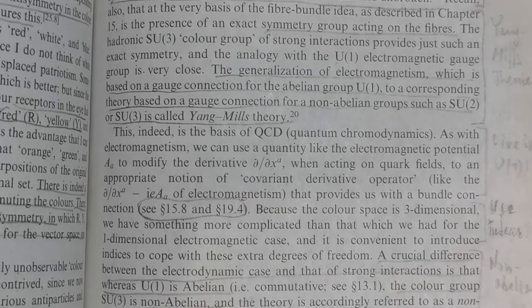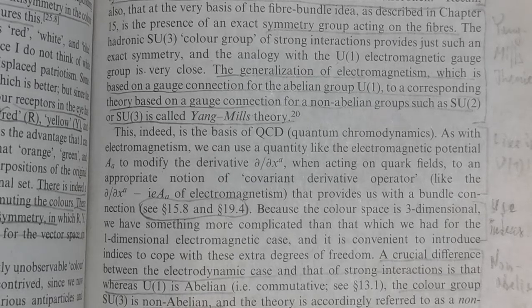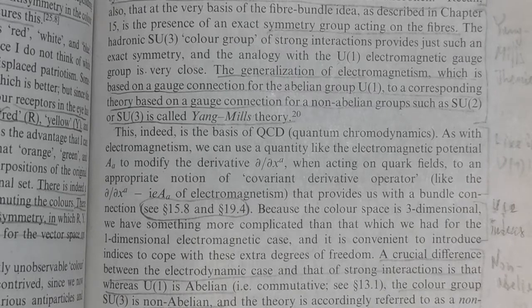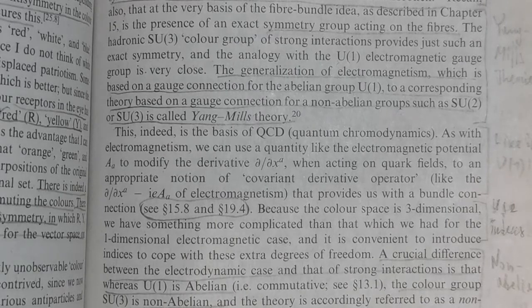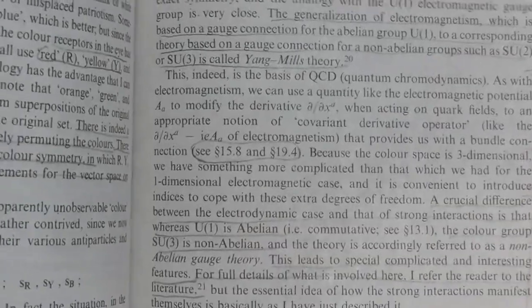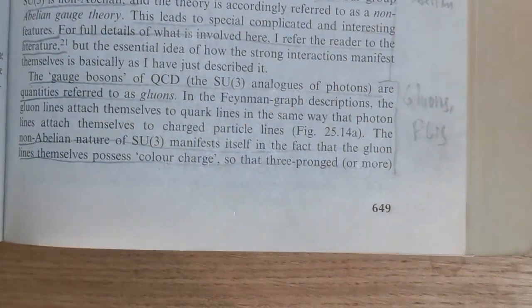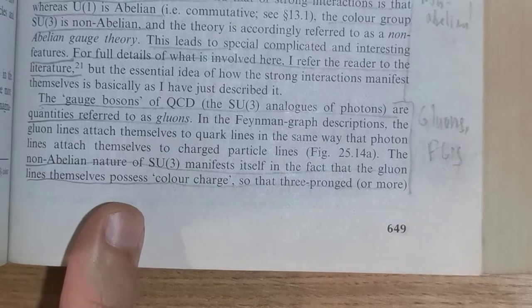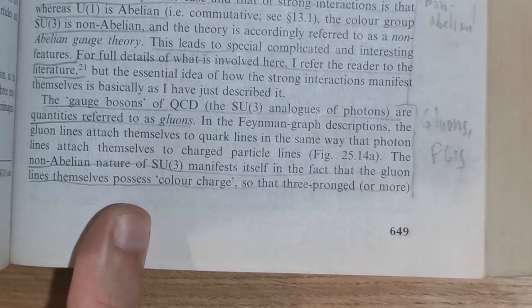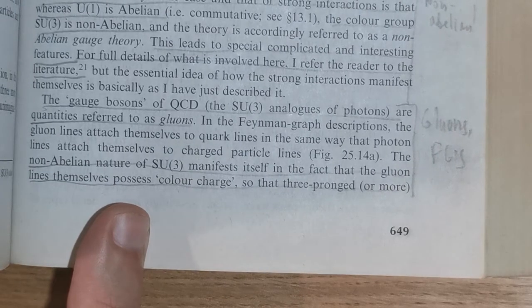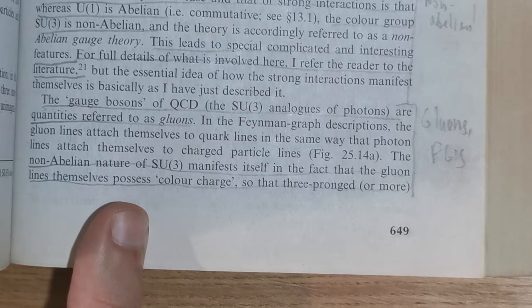So we can now ask about the gauge bosons, just like bosons for the strong force, what are those? And the gauge bosons for quantum chromodynamics are called gluons, and gluons will basically be propagators of the strong interactions.